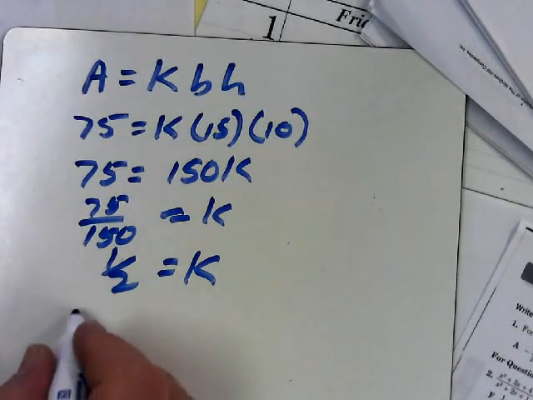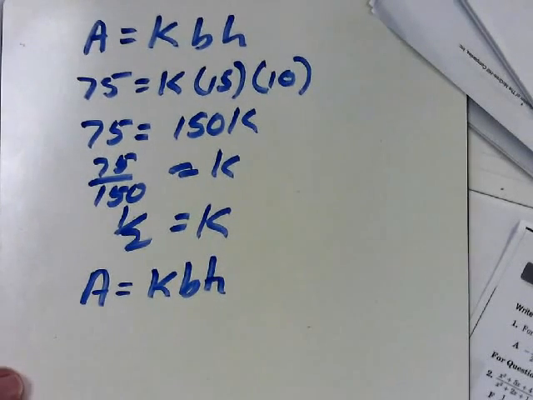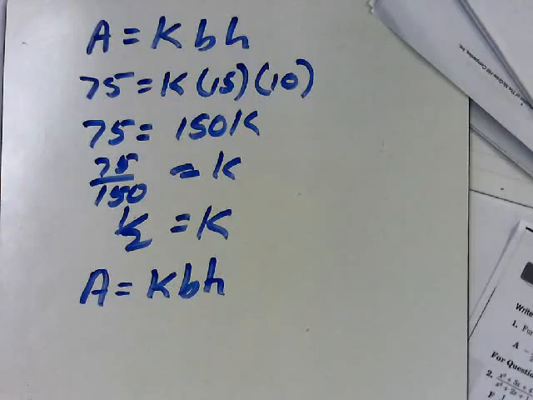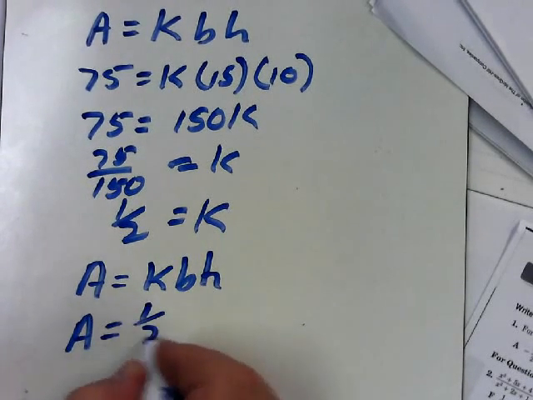Using the same formula, A equals KBH. It says find A. I know the K now.